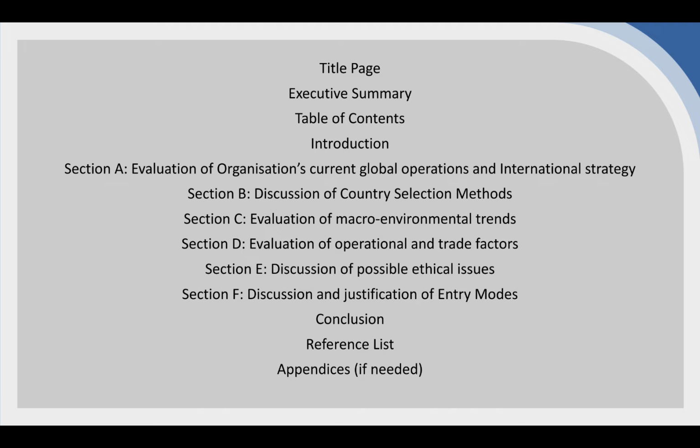Otherwise, you could have that as a separate section at the end where you move the focus to micro environmental factors, discussion of the competitive marketplace and so on, competitive rivalries within the marketplace, and have a strong justification for your entry mode. Then you'd have your conclusion. So no new information in the conclusion as ever.